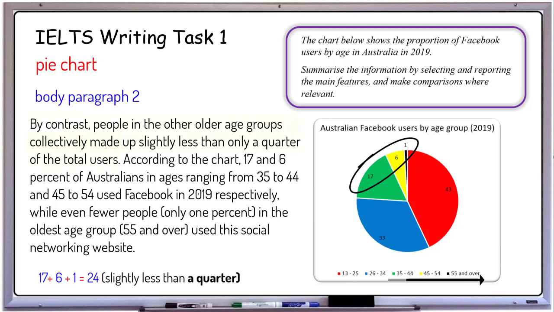Accordingly, I wrote, by contrast, people in the other older age groups collectively made up slightly less than only 1/4 of the total users. Please notice that this time I started the paragraph with a topic sentence reflecting the central idea.